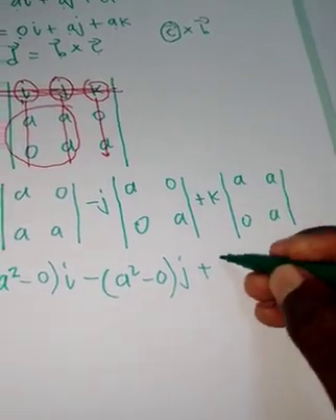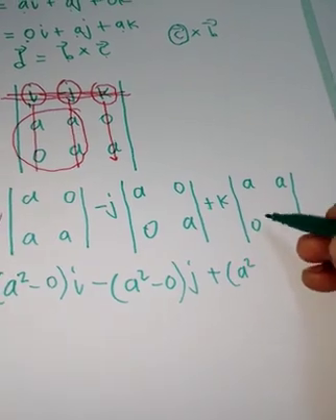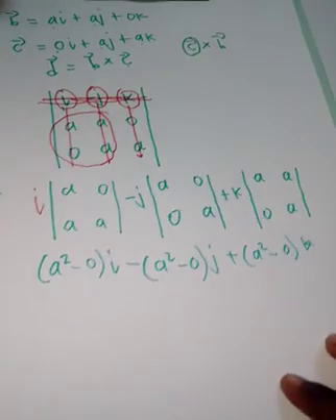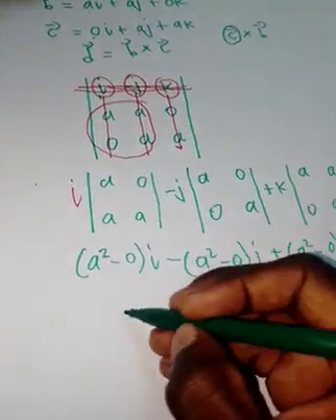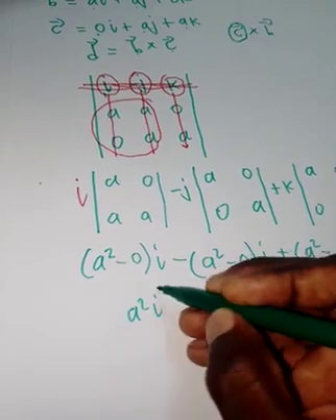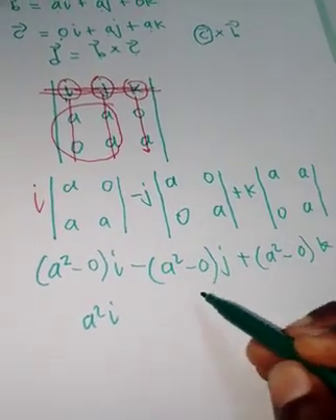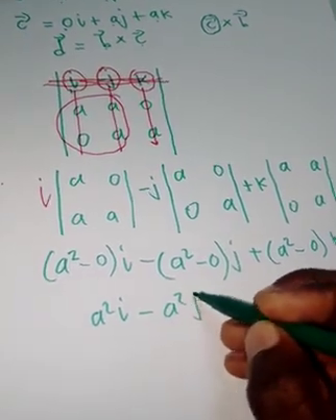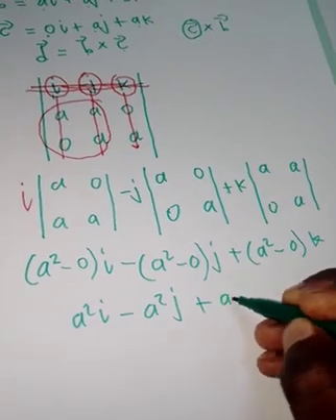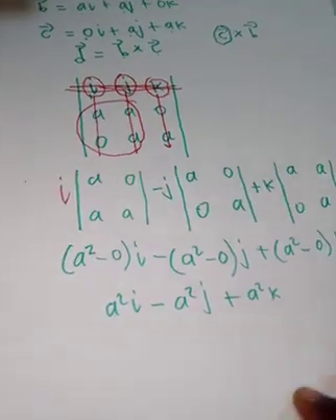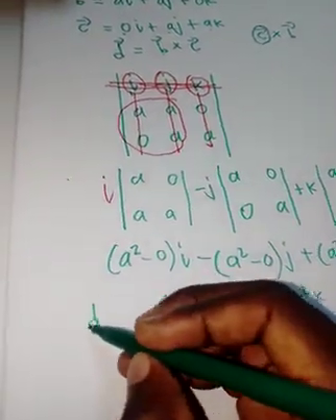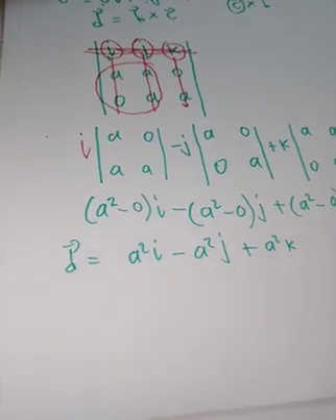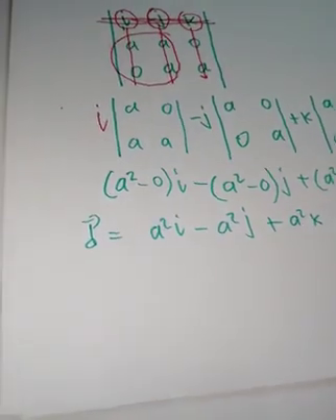A times A will be A squared, this will still be 0. Then you bring your k there. So this will be A squared i, then this will give us negative A squared j plus A squared k. So this is the new vector D. Now according to the question, they want the components of the vector.